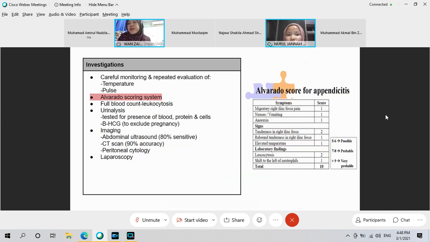Correct. At the initial stage, the patient will have pain in the periumbilical area. Then, a few hours after that or maybe one day, the patient has pain in the right iliac fossa.